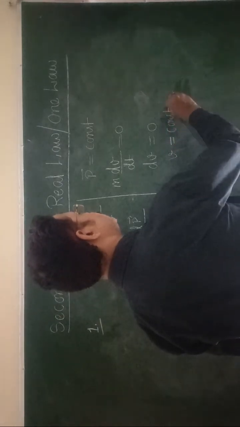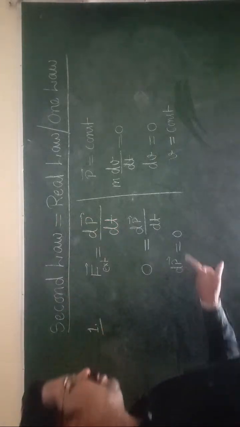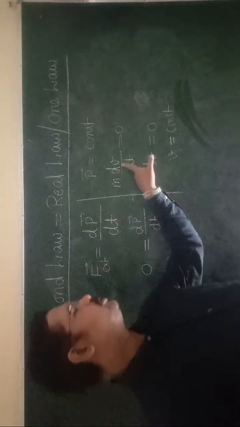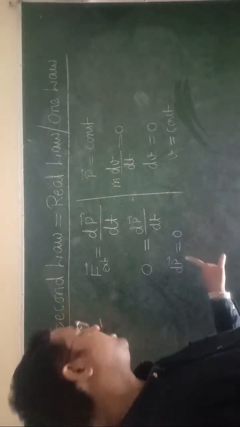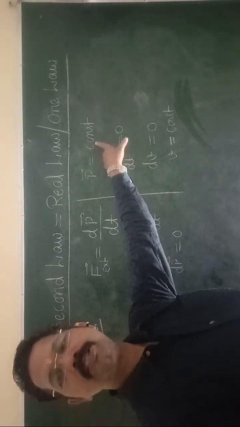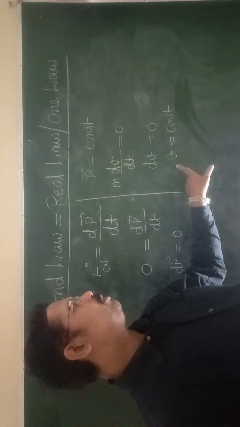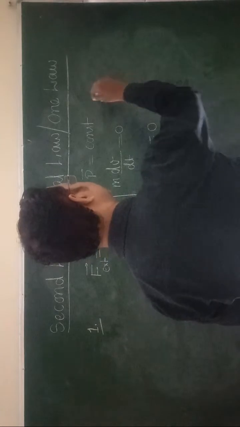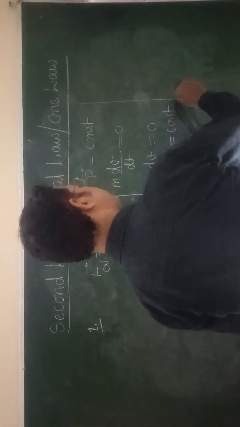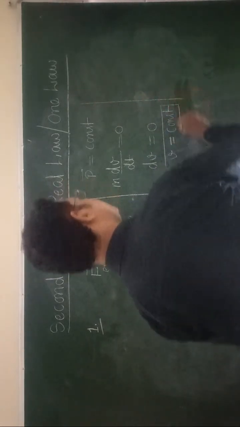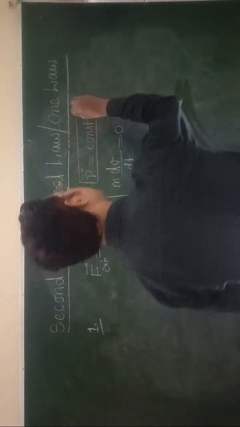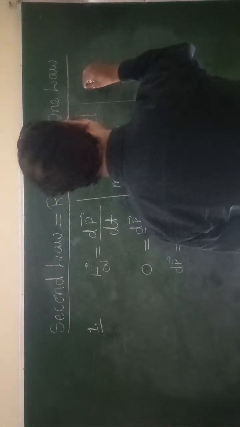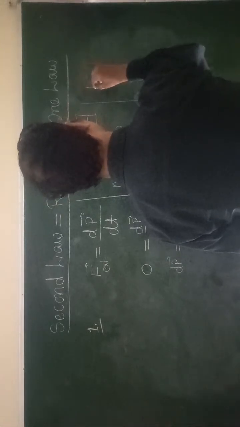So when change in momentum is 0, change in velocity is zero. Momentum is conserved, and velocity is also conserved. This is the conservation of velocity and momentum, and this is the proof of the first law.